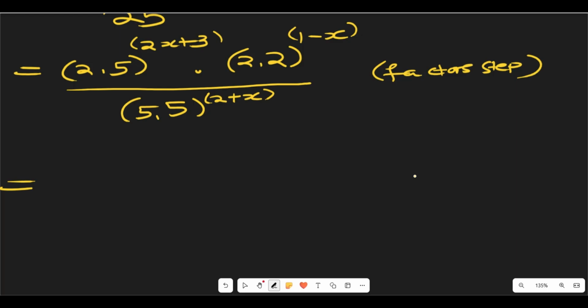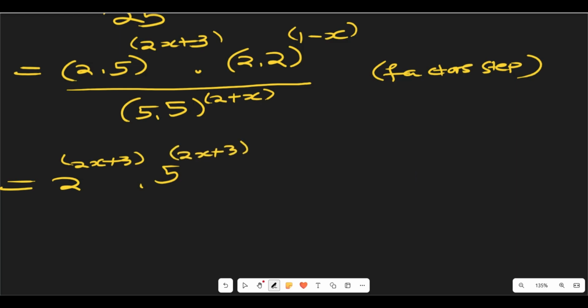We allocate the power. So for instance, this power will be allocated to the 2 and to the 5 separately. So this is what we do now. We say 2 to the power 2x plus 3. We close the brackets, and 2x plus 3 for the 5 as well. This is a rule of indices.